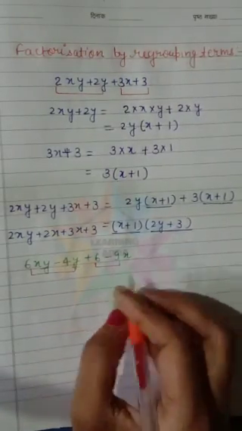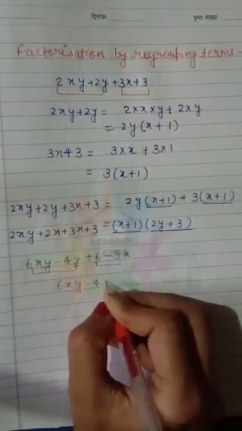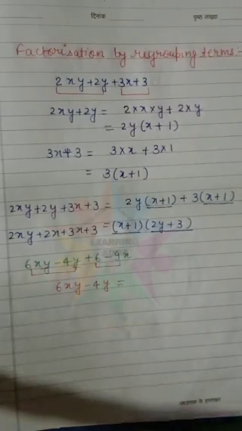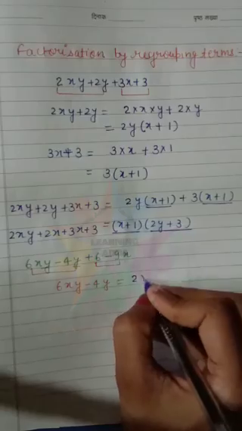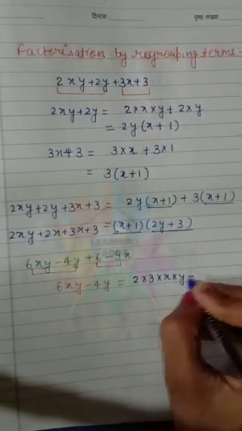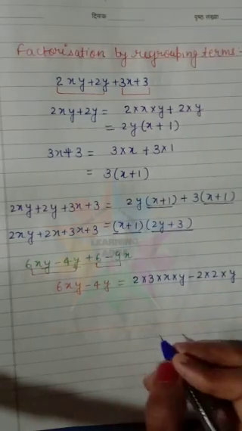So let's start. The first two terms we can write as 6xy minus 4y. If we factor 6xy, we can write 2 into 3 into x into y, minus 4, we can write 2 into 2 into y.